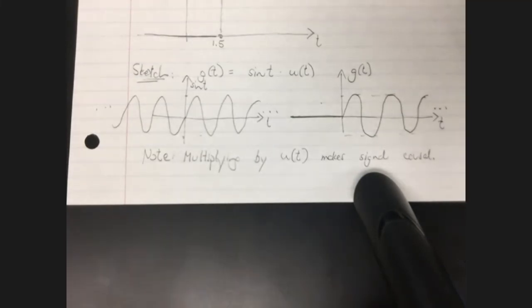All right, that's great. So let's do yet another example, getting comfortable here with this u of t, just because it is one of the absolute most useful signals. Let's express this signal, let's call it g of t again. Not piecewise, so we're not allowed to express it piecewise, but just in terms of unit steps.